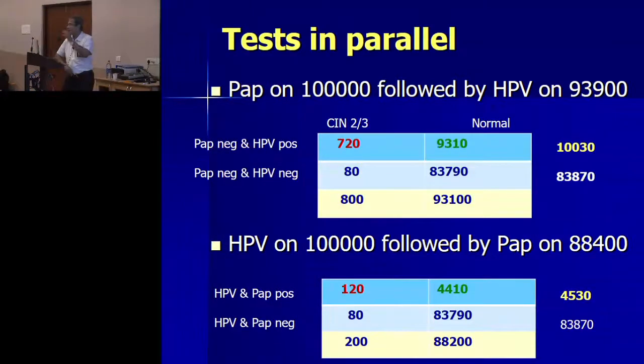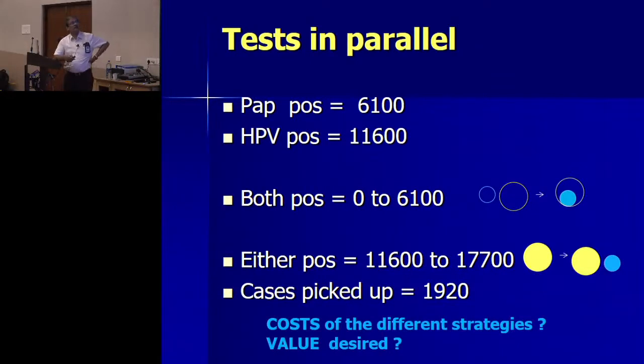So now which of all these different strategies are we going to choose? Basically when you do parallel testing, you are doing something like this. PAP positive 6,100, HPV positive 11,600. Just to understand what's going on, both positive could be 0 to 6,100. Basically this circle is within this circle or outside the circle, theoretically.